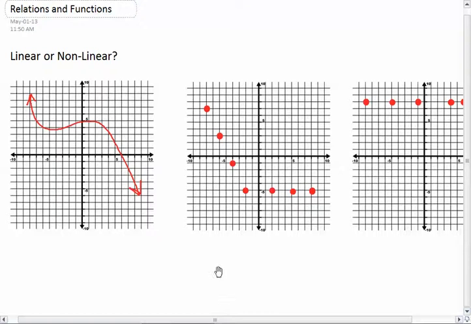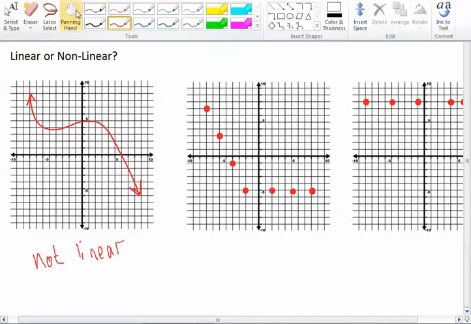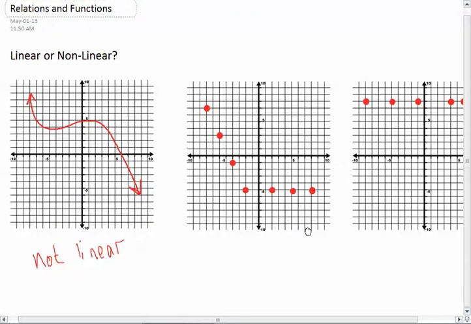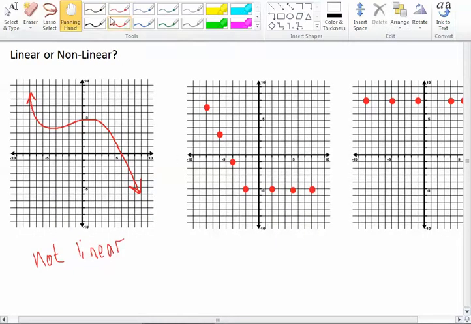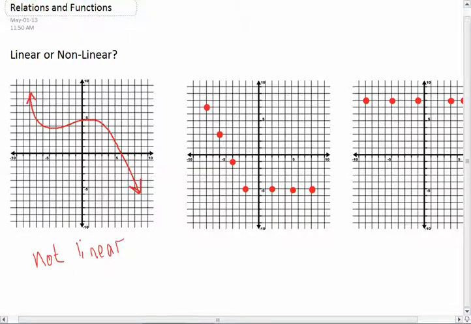Okay, so again, linear, non-linear. This first one, linear or non-linear? This is not linear, because it's got curves. Okay, next one. Is this linear or not linear? No. So again, not linear.